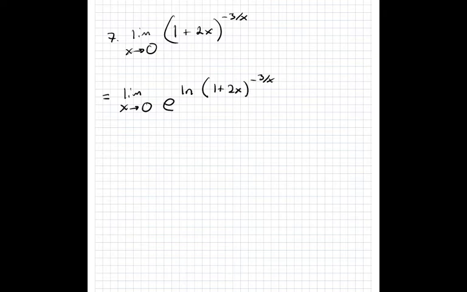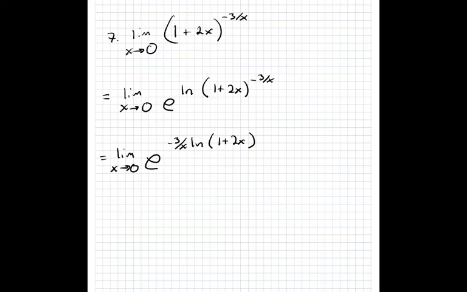So when we do this, now we can apply the property of logs where this exponent can come out and come in front, right? So then we're going to have the limit as x tends to 0 of e to the power of negative 3 over x times the log of 1 plus 2x, okay?